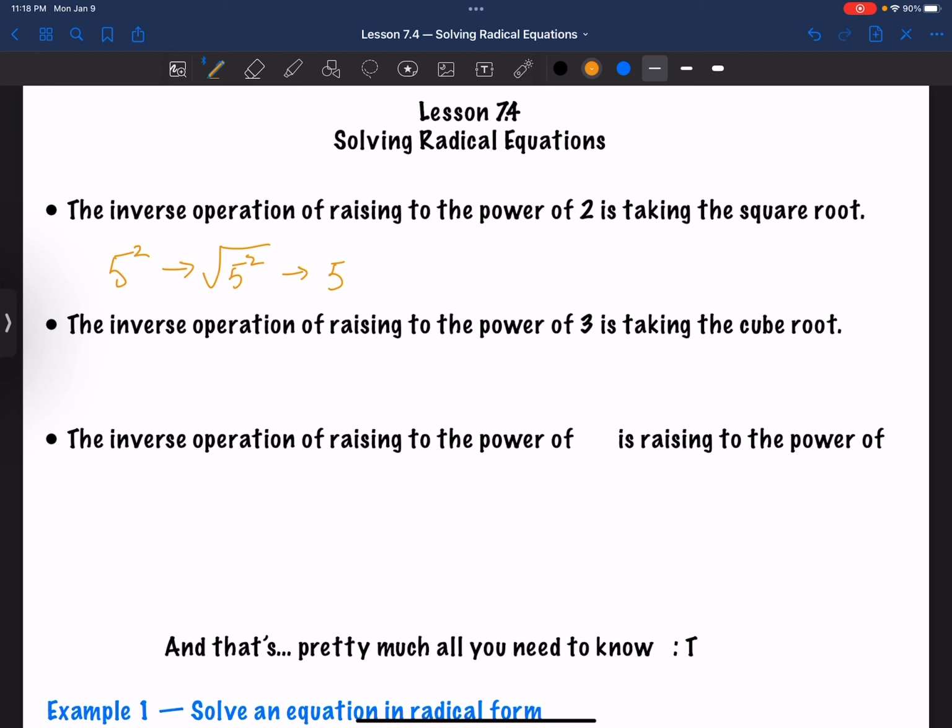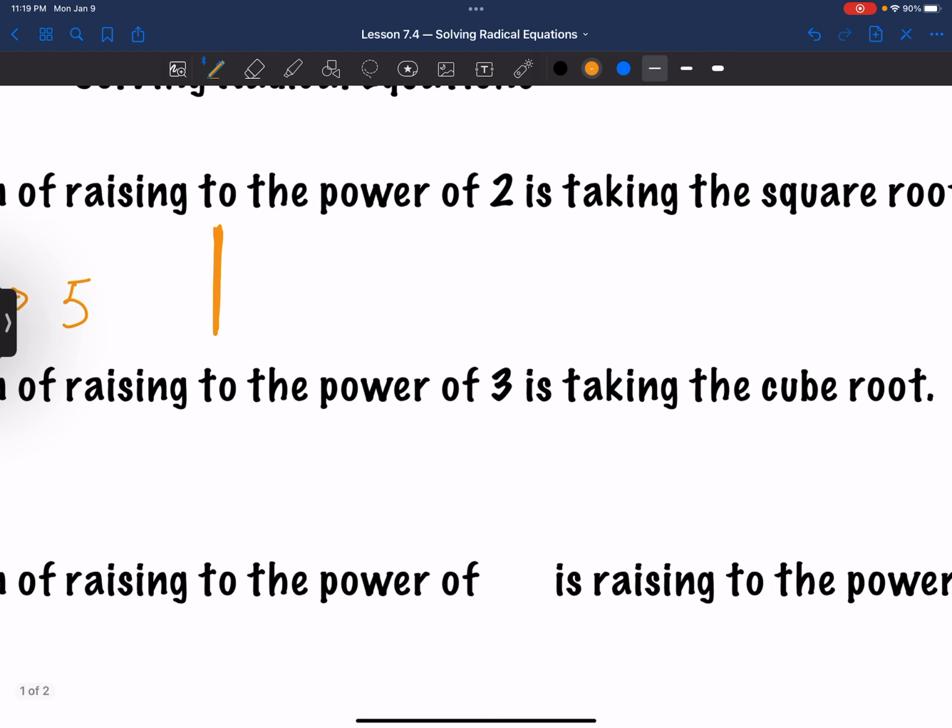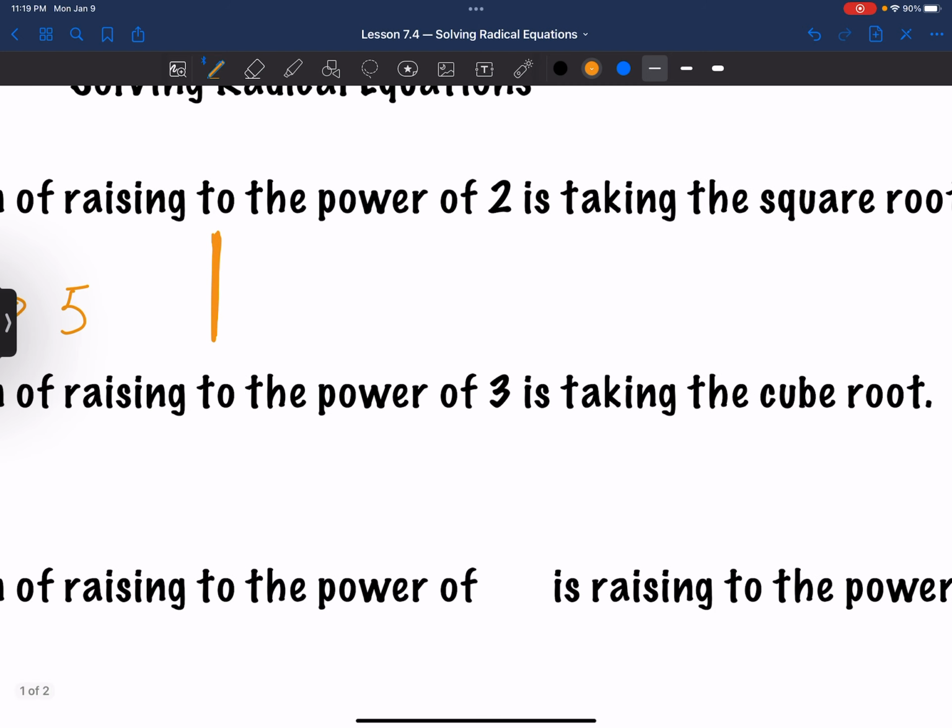Okay, you might say, well, why does this actually work? And you can look at the basic premise of the relationship between squares and their square roots. But if we were looking just algebraically, why does this work? Well, we defined the square root of x to be x to the power of 1/2.